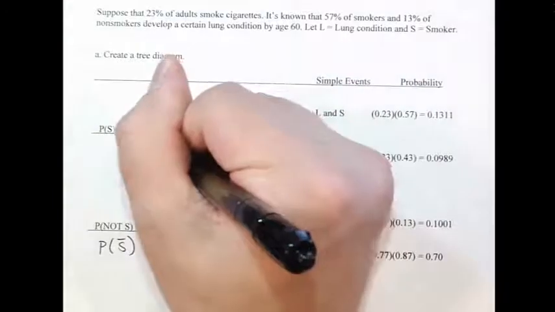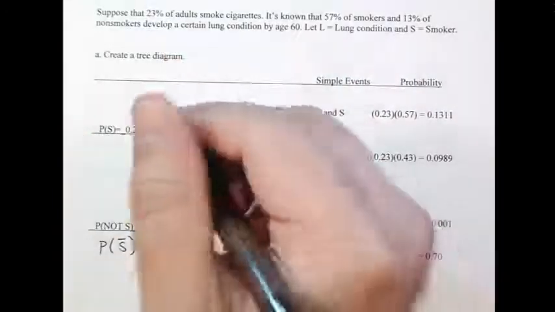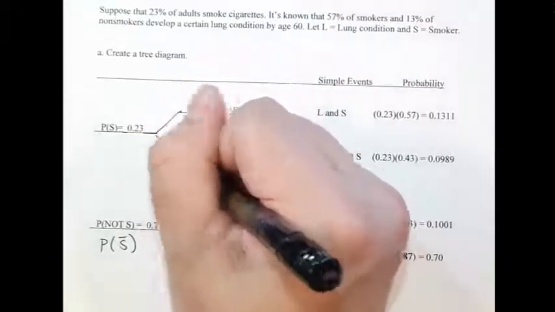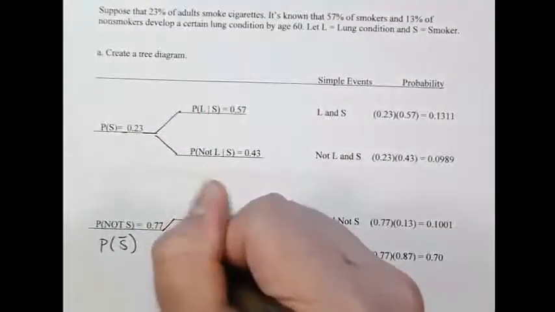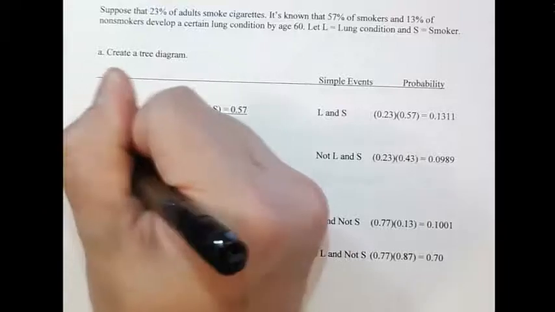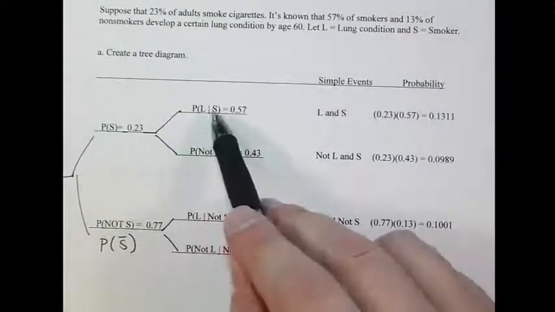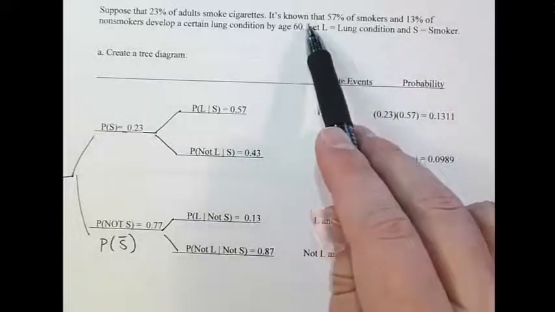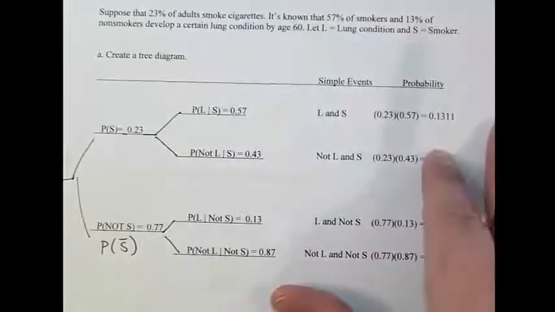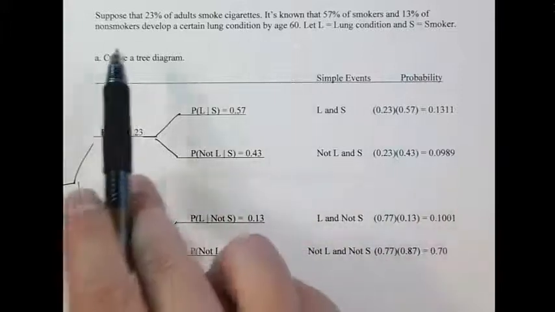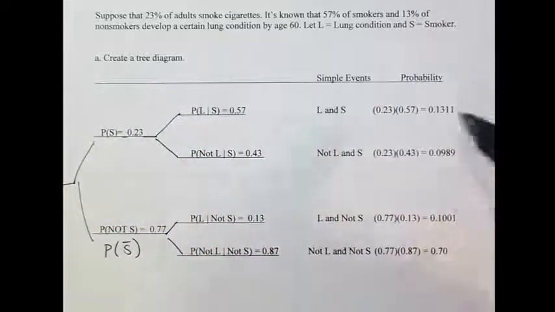Then our tree breaks into pieces that are conditional probabilities. It's known that 57% of smokers and 13% of non-smokers develop a lung condition by age 60.